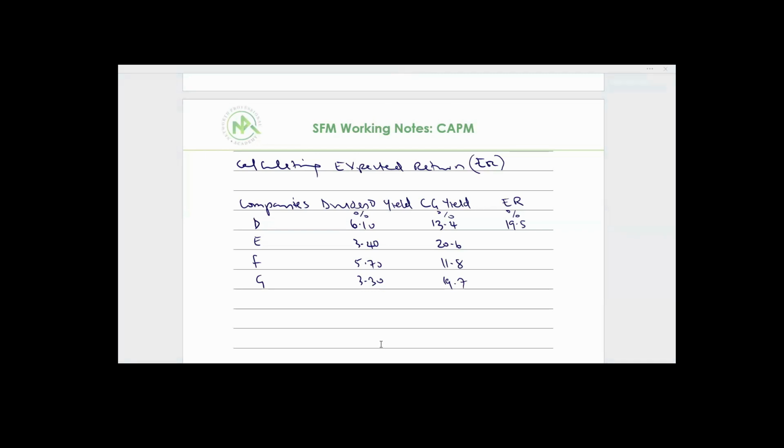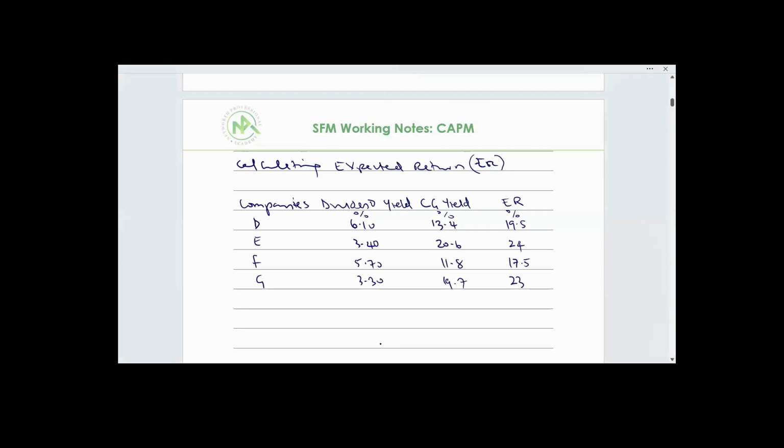So 3.4 plus 20.6 equals 24%, and 5.7 plus 11.8 equals 17.5%, 3.3 plus 19.7, 23%.